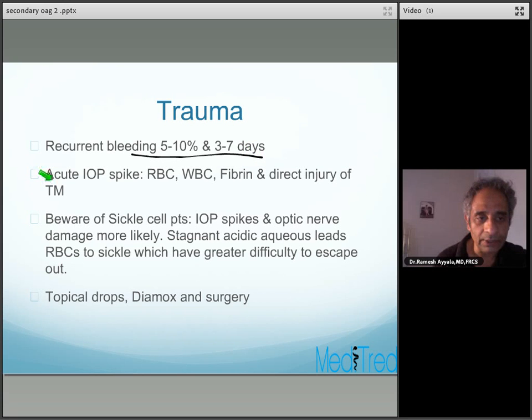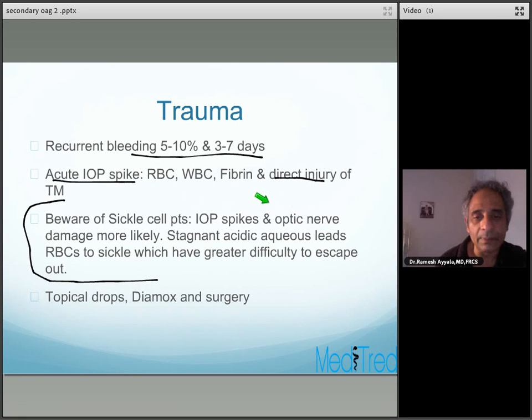The acute intraocular pressure spike is the result of RBCs, WBCs, and fibrin getting deposited in the trabecular meshwork and/or direct injury to the trabecular meshwork itself. Now, the patients that you need to be really, really careful about following trauma are those with sickle cell disease.